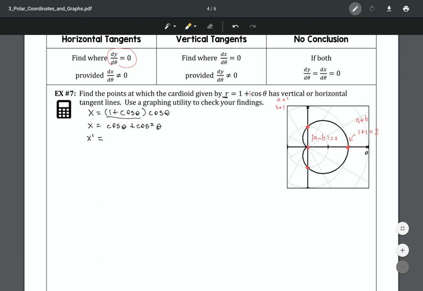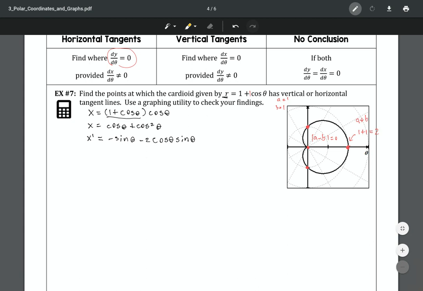This would be negative sine theta minus 2 sine theta, and I had to use the chain rule on that one. Oh, I did that backwards. I meant to say 2 cosine theta sine theta. It really didn't matter how I wrote it, but if I was using the chain rule, that's how I would write it.